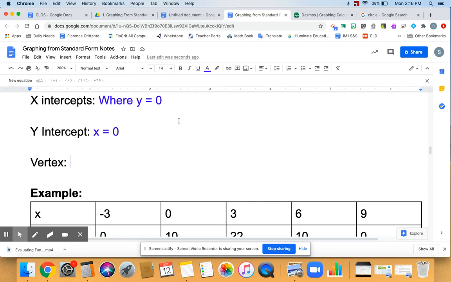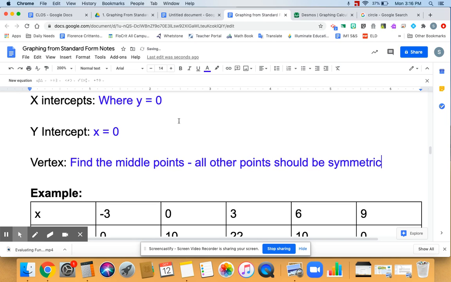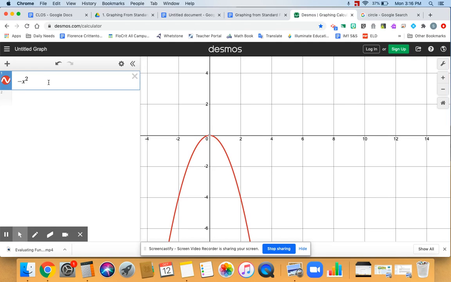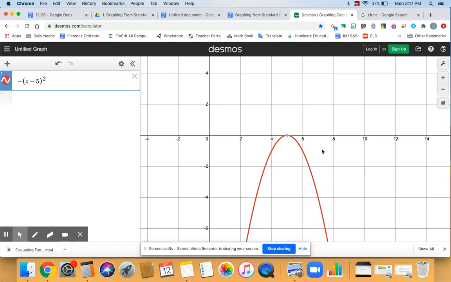So in a table for the vertex, find the middle point. All other points should be symmetric on each side. So here's the thing, when I'm talking about the symmetry, it's specifically around the vertex. Like if I move where my vertex is, let's say this is my equation now.